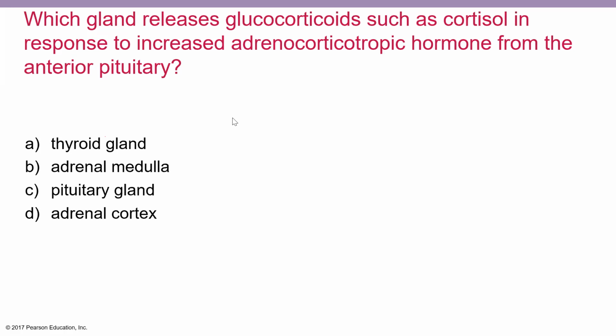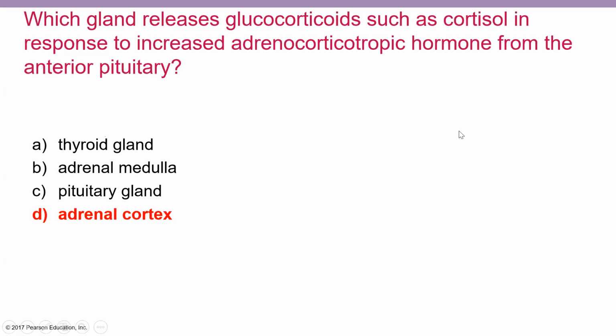We're talking about glucocorticoids, we're talking about ACTH, we're talking about cortisol release, right? Cortisol is a glucocorticoid. And so this is going to be the adrenal, specifically the adrenal cortex, okay? So the outer part of the adrenal gland, not the adrenal medulla, and definitely not the thyroid or the pituitary. Okay, so the answer here would have been D.